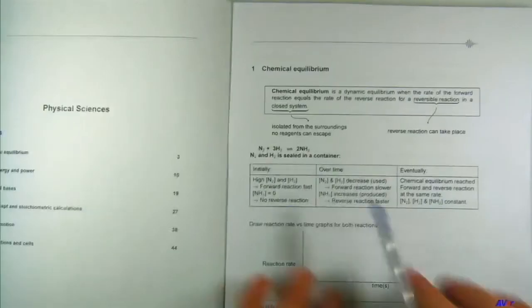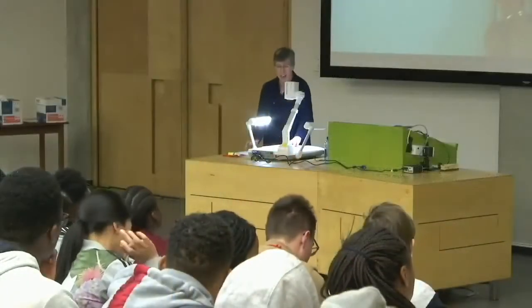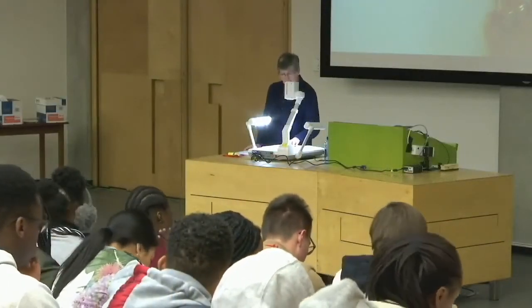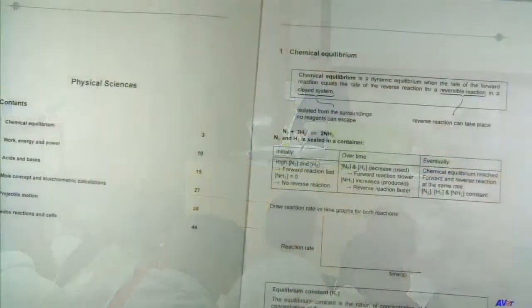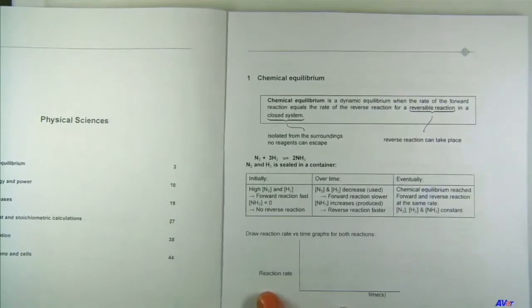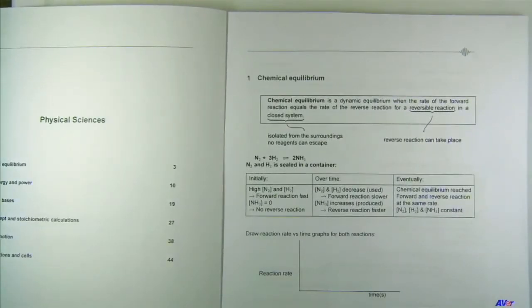And now we're going to start with our first example. Let's take that equation, and we are now going to add only nitrogen and hydrogen to a sealed container. So you must be able to read between the lines. They're adding nitrogen and hydrogen.